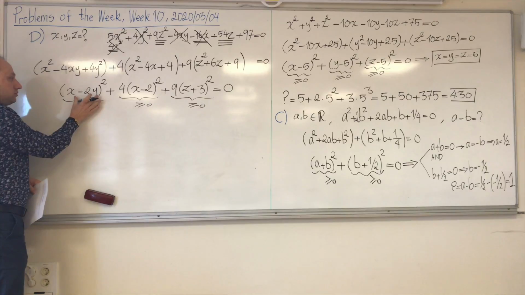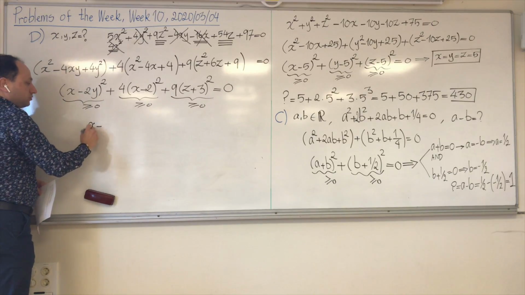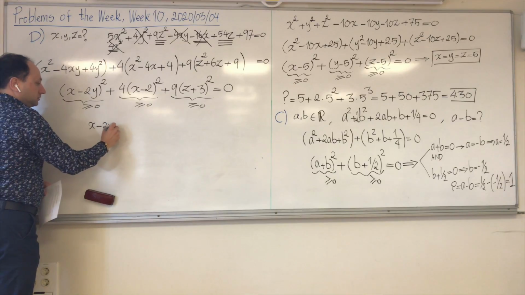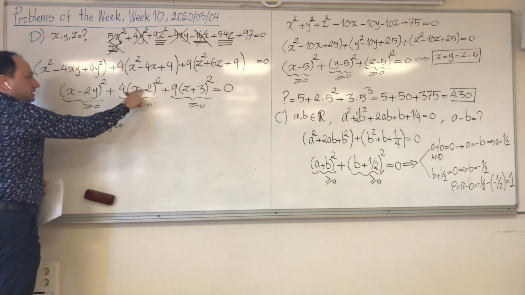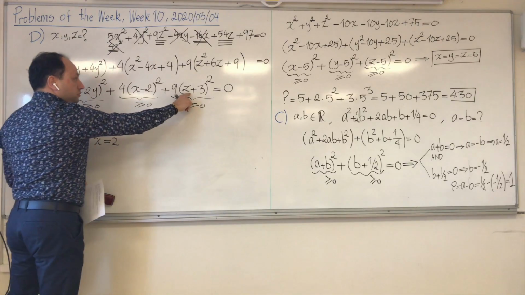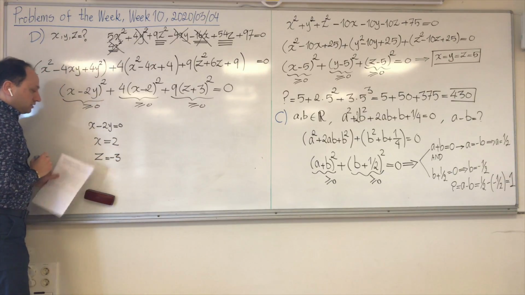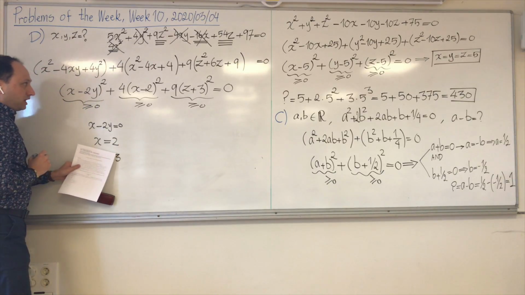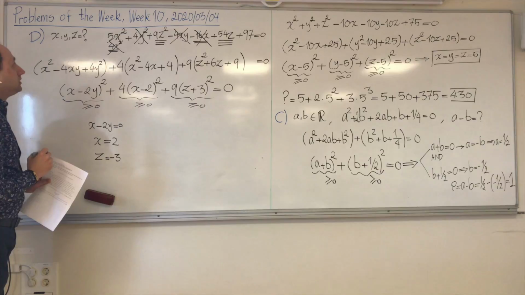For this one to be 0, it means that x minus 2y itself has to be 0. Yes? This one to be 0, x has to be equal to 2. And for this one to be 0, z has to be equal to minus 3. So x is 2, z is minus 3. And then what I have, let me double check.